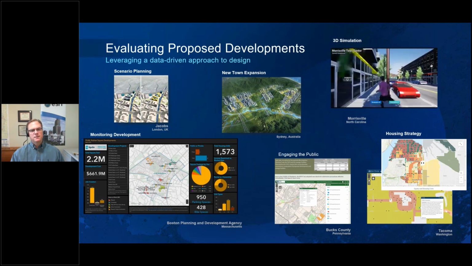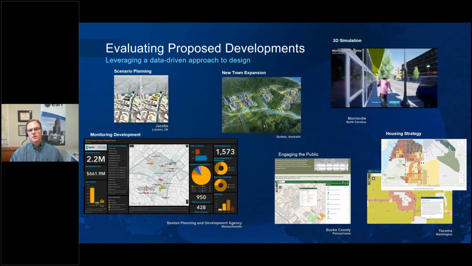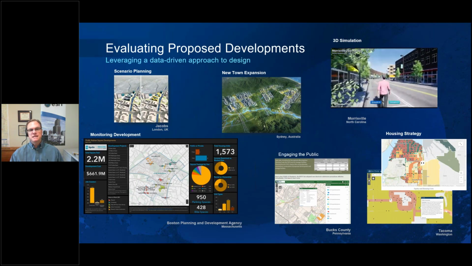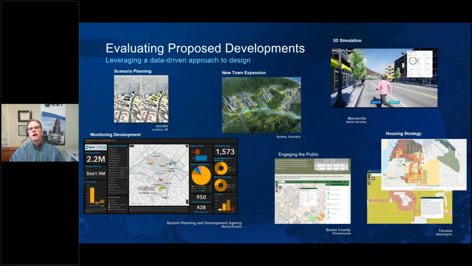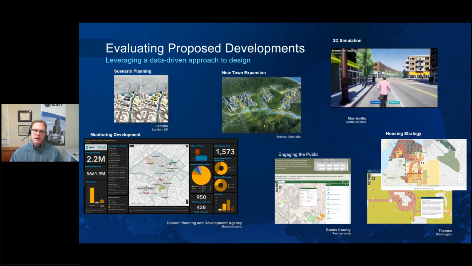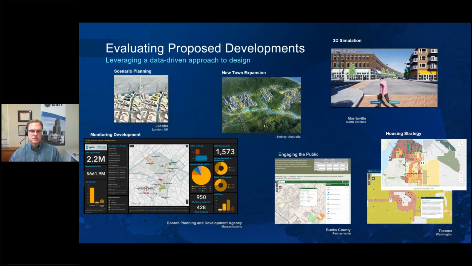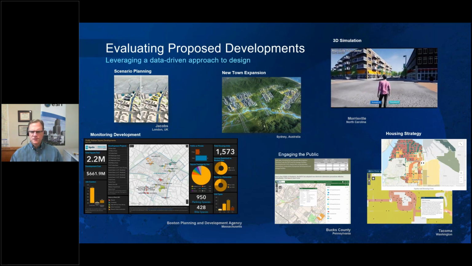So if you look in the bottom left-hand corner, there's the Boston Planning and Development Agency using dashboards to be able to communicate not only internally, but also with elected officials, with administrators, with community leaders about the status of a project, so that everyone is working off the same data. They're on the same page.